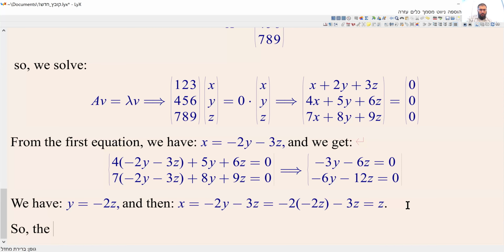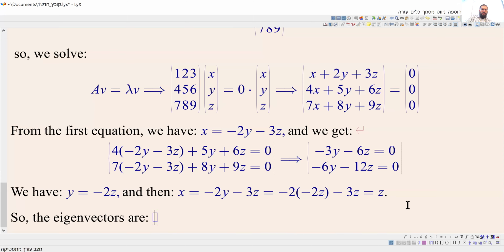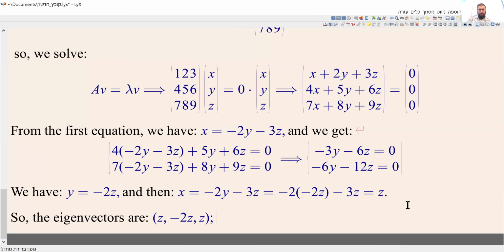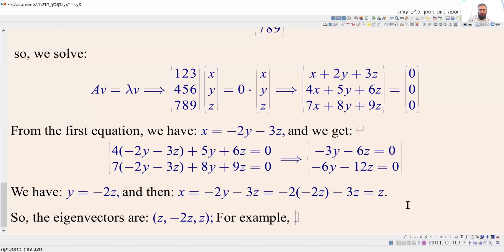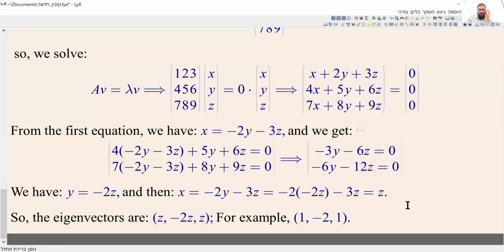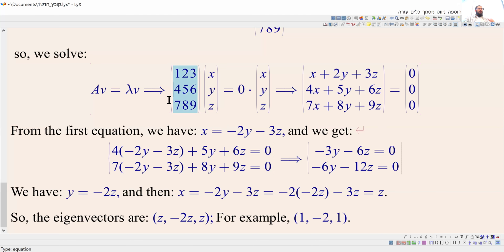So the solution, the eigenvectors, are (z, minus 2z, z), for example, (1, minus 2, 1). If you multiply this vector by the matrix A, you get 0. Seems true.